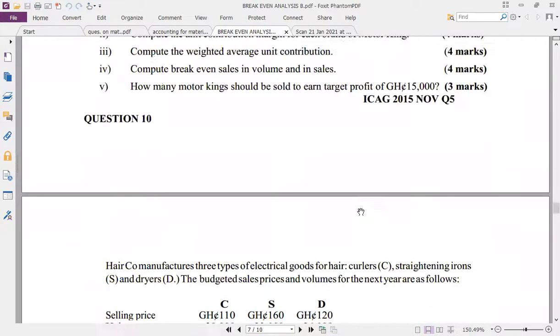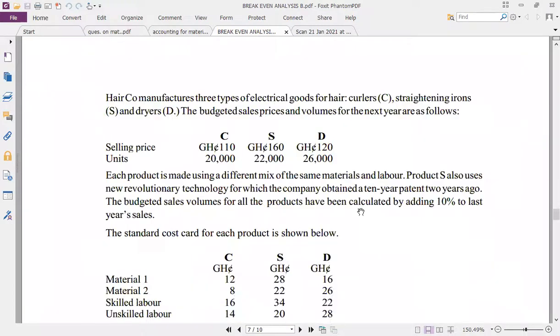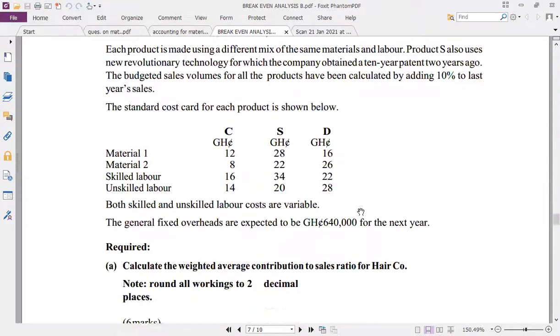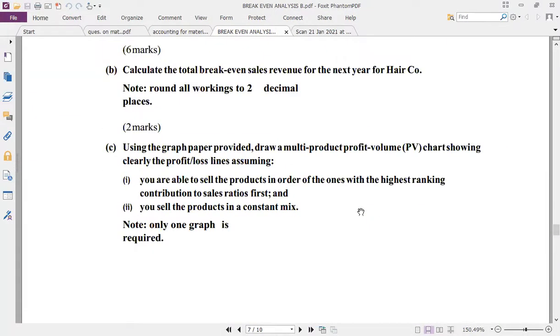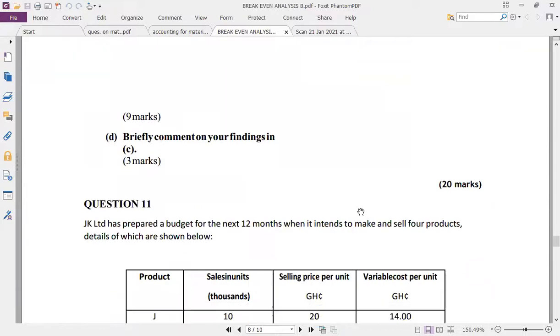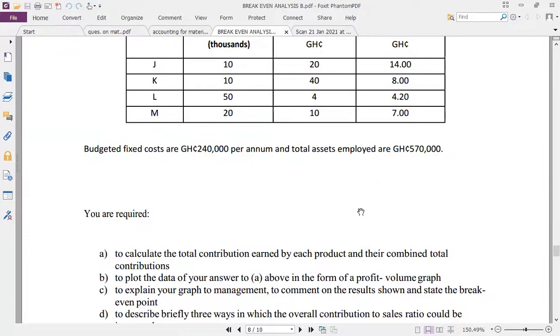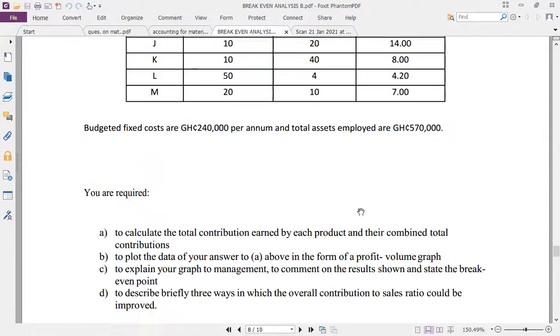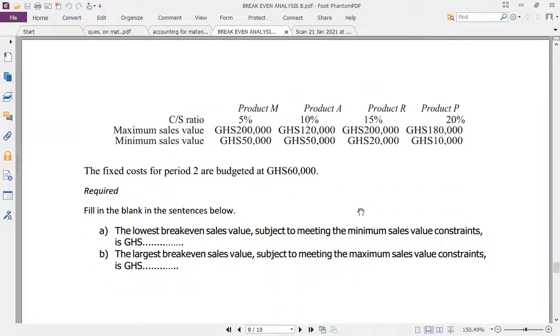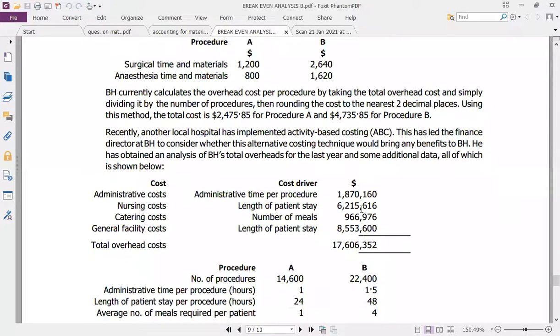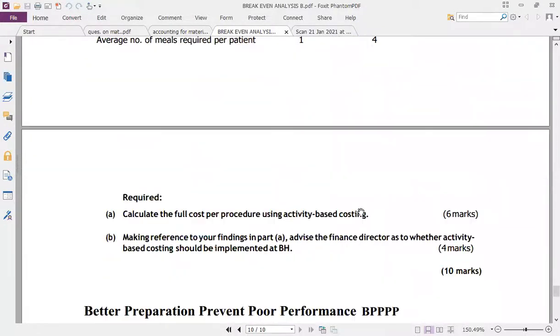Okay, you are doing question 10. I need a solution to question 10, please. And then there's another question, but that question is not here.